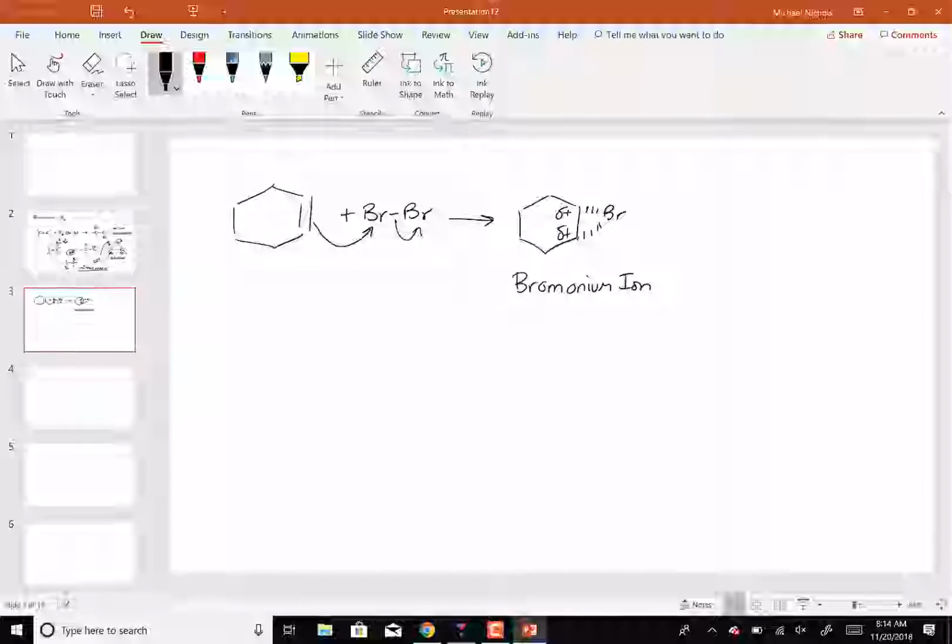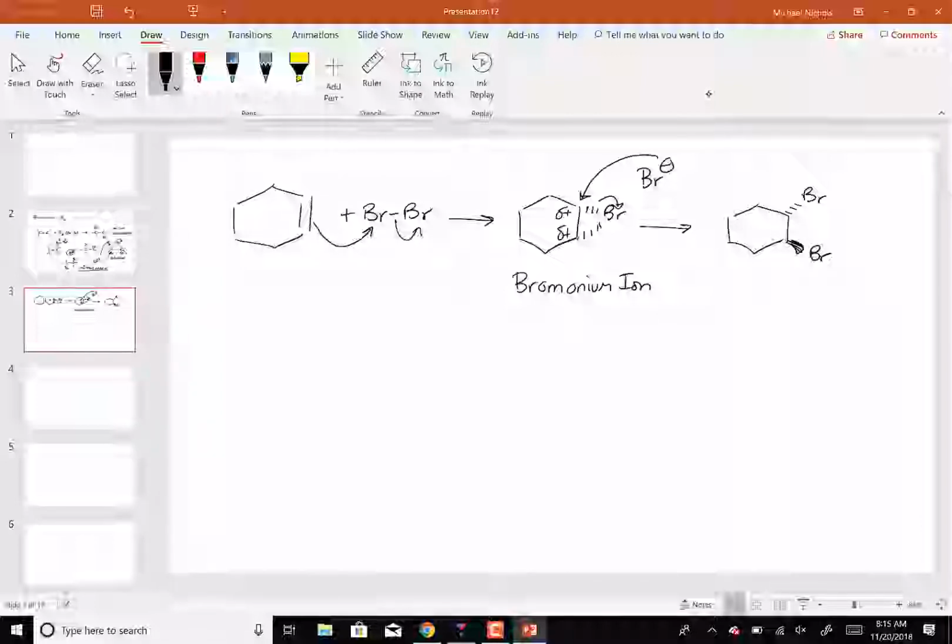So now I've got my bromonium ion, and now my Br minus is going to come in, and it doesn't matter in this case what carbon it adds to. It's actually going to add to both. So my Br minus comes in, adds to the carbon from underneath. This pair of electrons goes to the bromine, and so I'm going to have my bromine adding underneath, and my other bromine having added from the top.